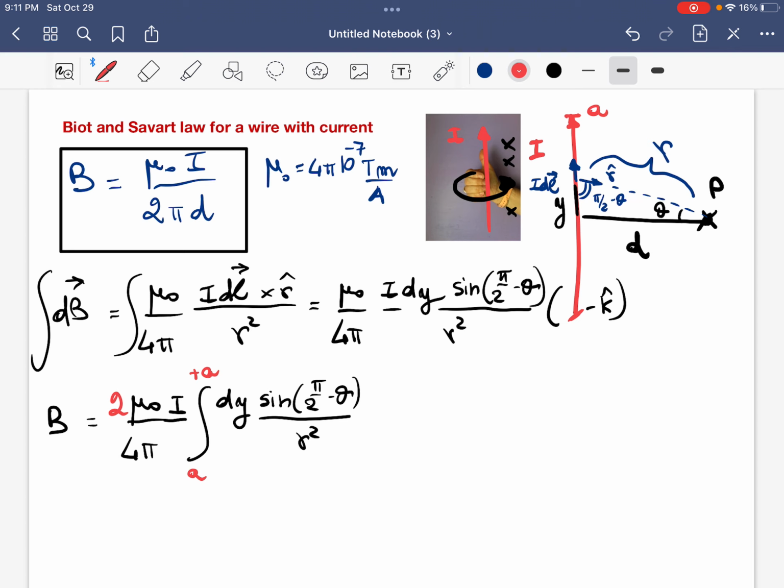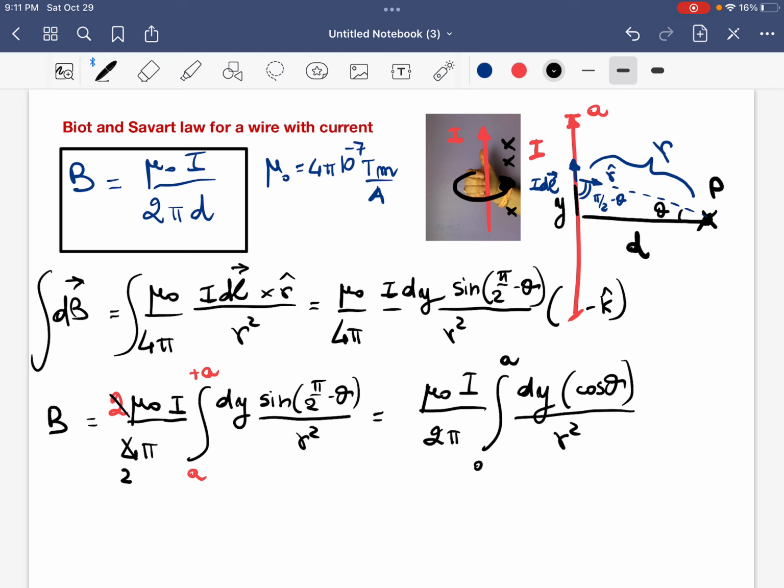So let's now work on the sine of pi over 2 minus theta. This is the cosine of theta, so I will rewrite, simplifying the 2, mu 0 times I divided by 2 pi, integral between 0 and A of dy, then I have cosine theta, and I divide by r squared. Now in this integral, you see that you have y, theta, and r that in some way are all connected.